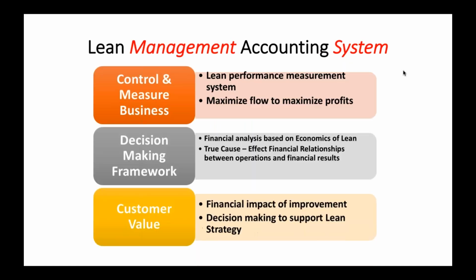And finally, the framework for a lean management accounting system is about measuring the business using performance measurements and box scores, accepting the financial principle of lean that maximize flow to maximize profits, creating a lean accounting decision-making framework where we establish the true cause and effect financial relationships between operations and the financial results using a value stream box score.